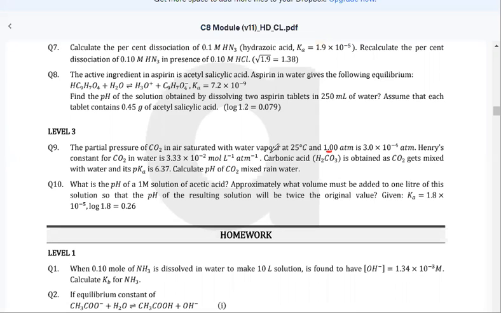So obviously, it will be concentration is equal to Kh into pressure, right? Yes or no? Which formula of Henry law we have to use? Either it is C is equal to Kh into P, or P is equal to Kh into C.